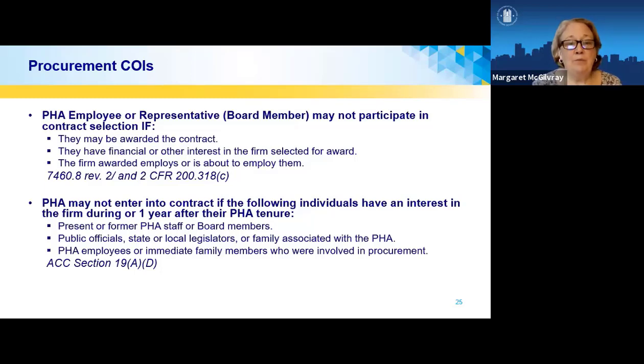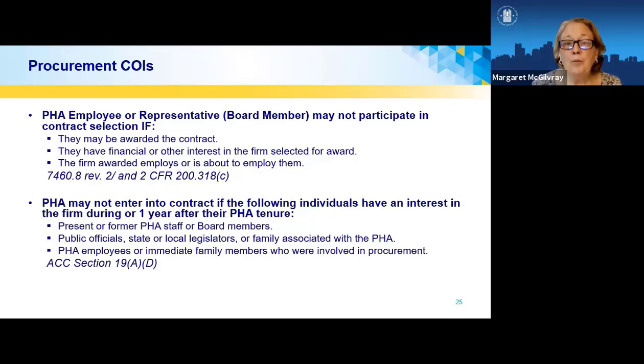Immediate family members include, in-laws are not included, but they include a spouse or partner, parents, siblings, including half and step siblings, and children, including stepchildren. And as a board member, it's important that you understand these and realize that they extend for a year following your place on the board, as well as to your immediate family members.